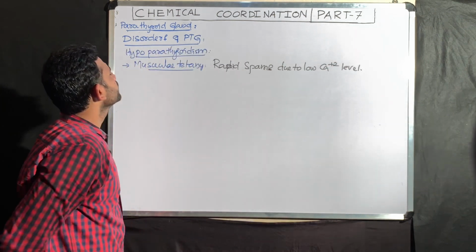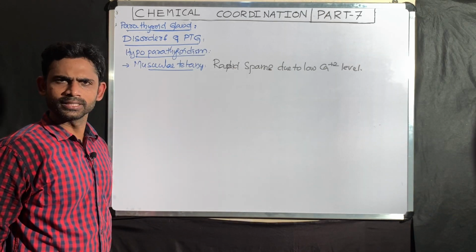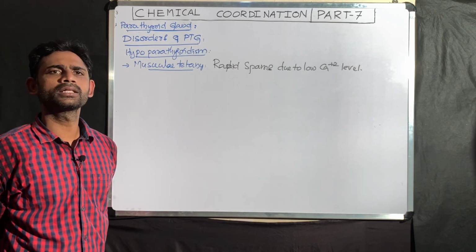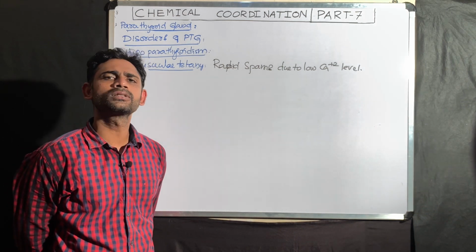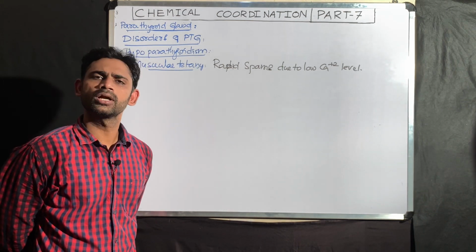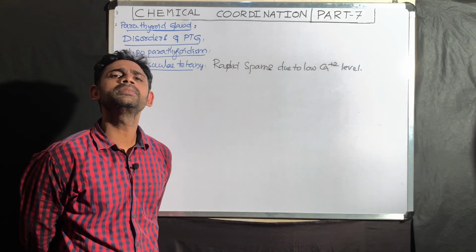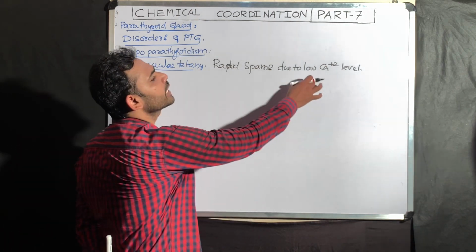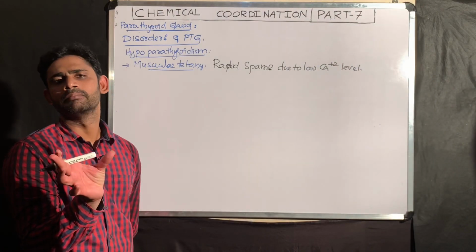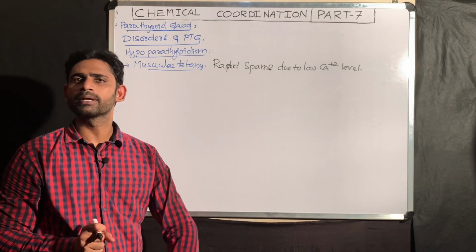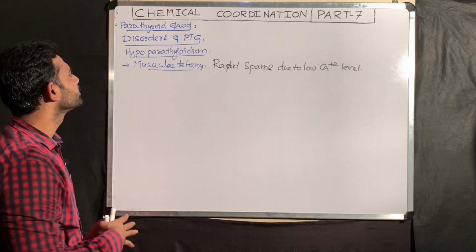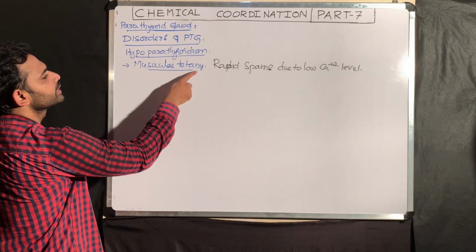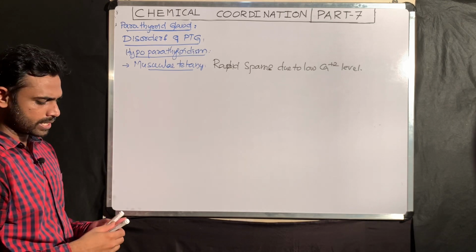When there is lower synthesis of parathyroid hormone, there is a dominant presence of TCT. What is the function of TCT? Hypocalcemia, that means low calcium level. That is why the muscles are unable to contract properly at the correct time, resulting in rapid spasms. So muscular tetany comes under hypoparathyroidism.